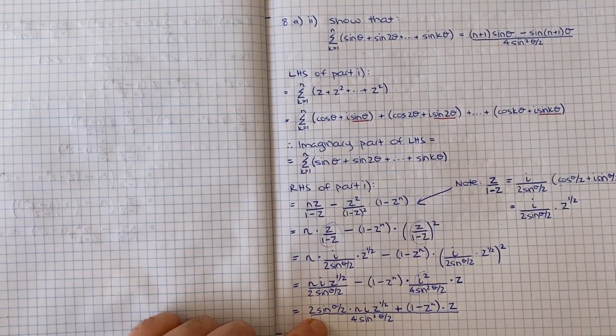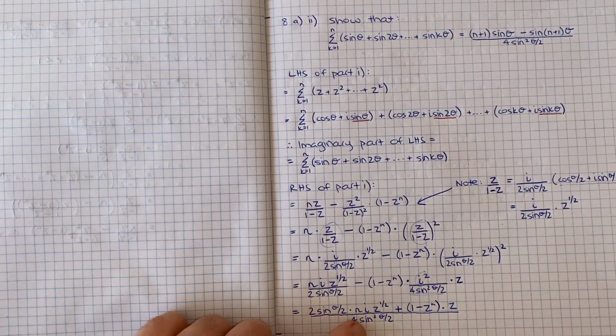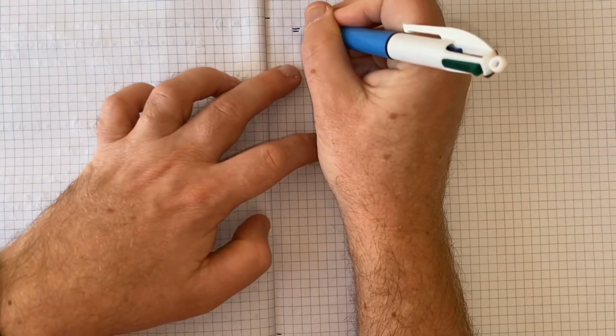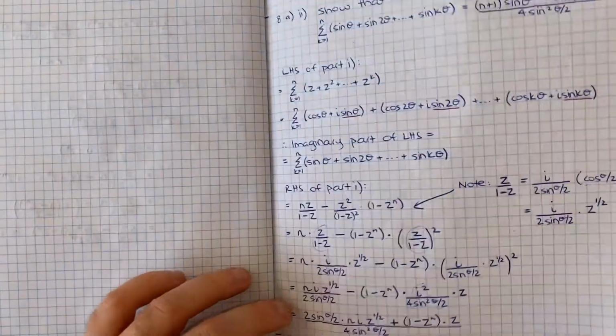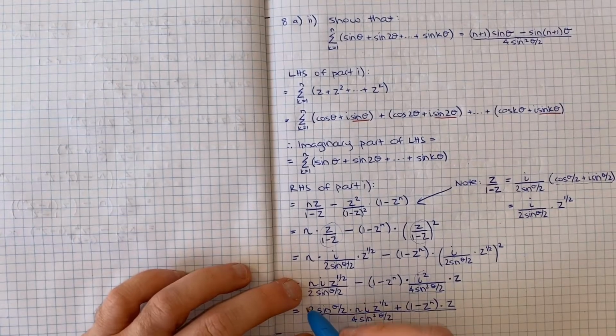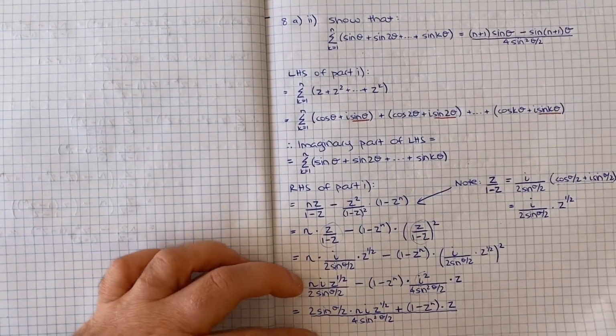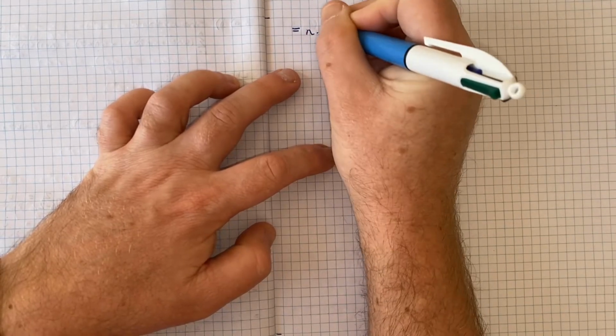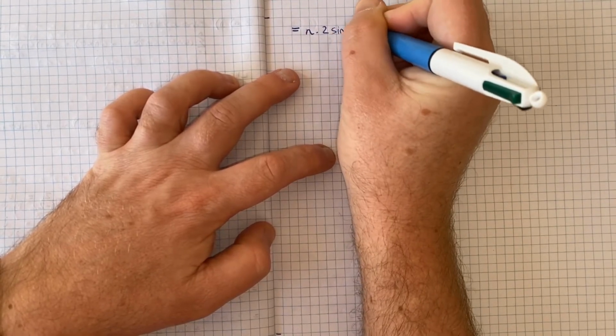But let's say, how about we bring out this 2n sine theta on 2. So we'll bring the n out first and then 2 sine theta on 2. That might end up being a bit simpler. So n times 2 sine theta on 2.